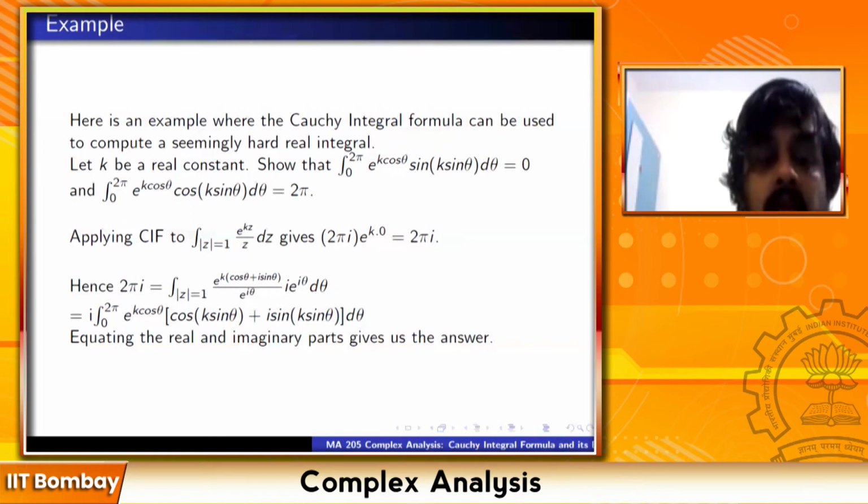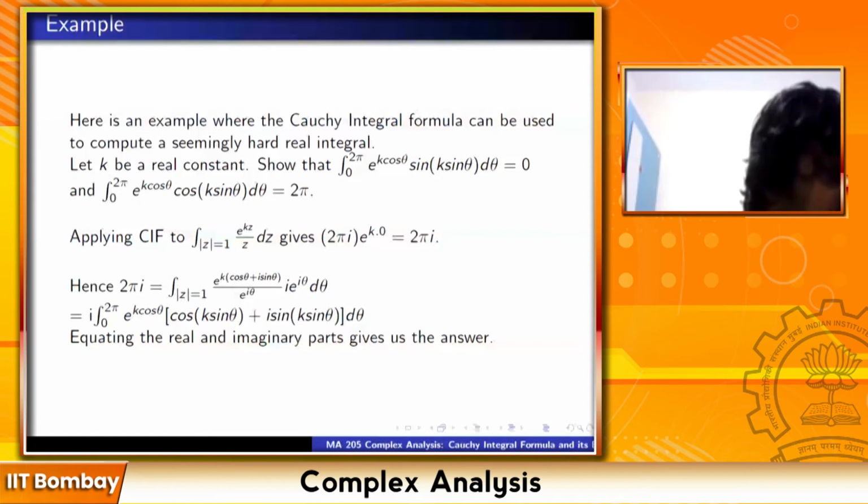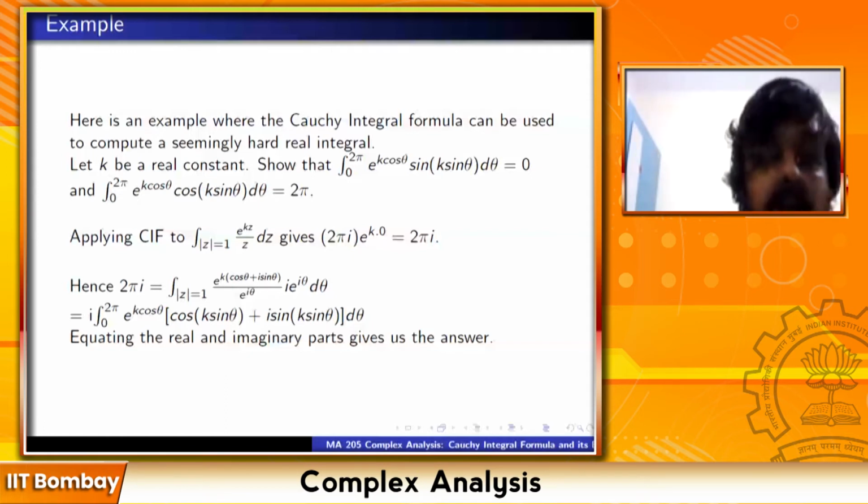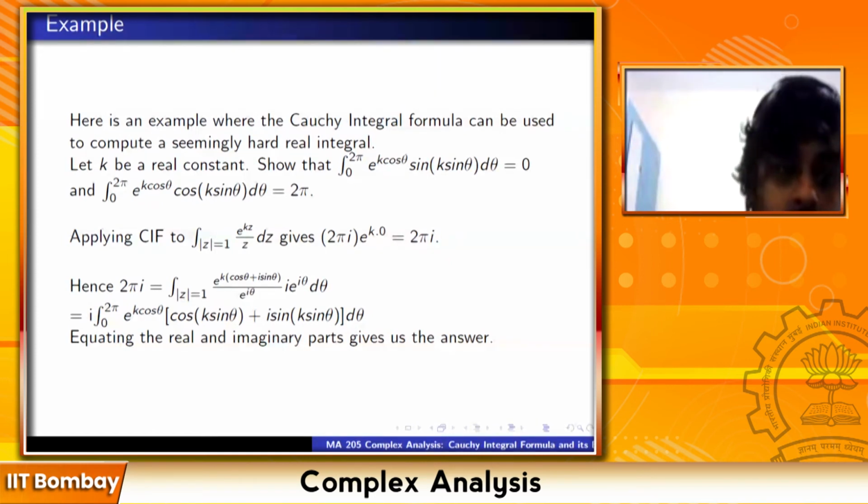Okay, sir. So I could take mod z equal to 5, and it will give you the same answer. Of course, I should mention that when you are integrating along some circle of radius r, it's not just the circle that matters. It's only if you integrate once along the circle that you will get this answer.